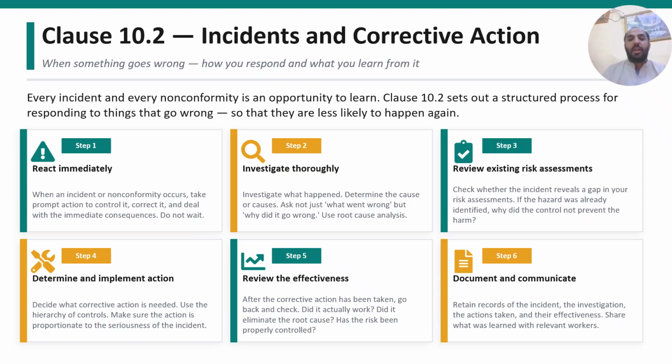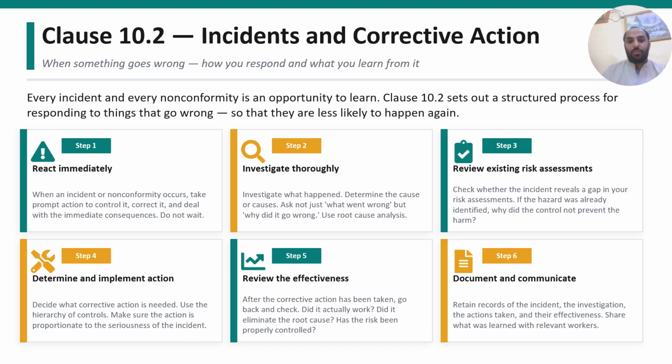It is an opportunity to learn something. It's an opportunity to find a weakness in our system and make it stronger. An organization that treats incidents as learning opportunities will always be safer than one that treats them as problems to be closed and forgotten.